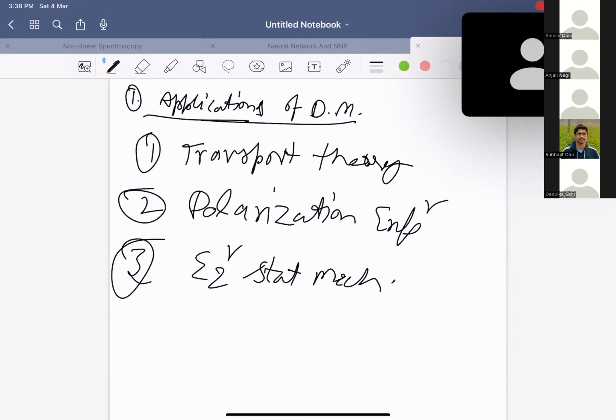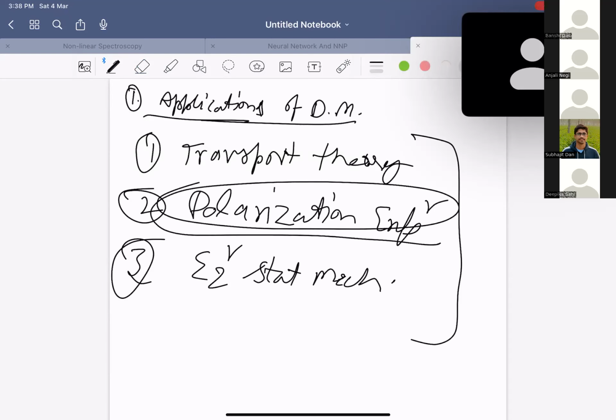And there is one more application that I don't remember now. Then we will see how this density matrix is used, and I will also discuss how we use this density matrix in vibrational spectroscopy.